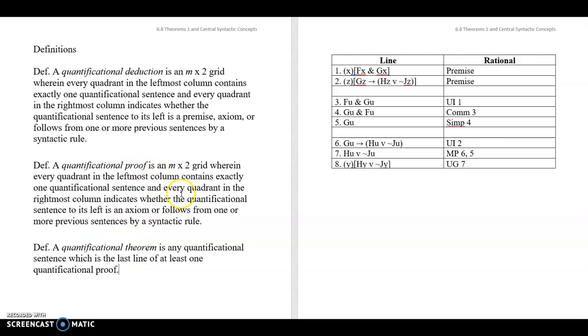So it's a quantificational deduction without any premises, and whenever you can prove a sentence from first principles alone, without the benefit of any premises or any extra logical equipment or assumptions, then you've proven a theorem of logic. You've proven that a given sentence is a theorem of logic. With those definitions in mind, let's go ahead and look at some examples.